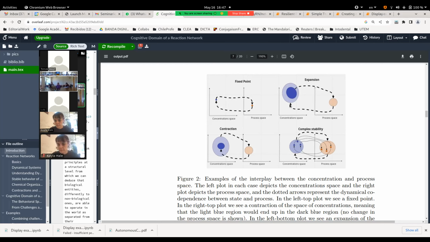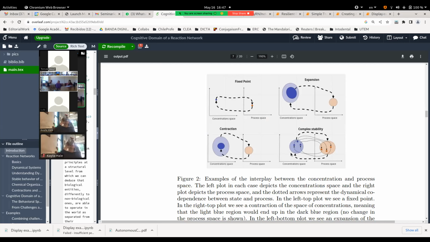So we will have expansive dynamics in the phase space. But we can also have contractive dynamics. That means that when we start from a very large region of the phase space, our kinetics will lead us back to a smaller region of the phase space. And we can have some sort of complex stability, like a limit cycle or a periodic orbit and so on, where points map to different places, but the regions remain fixed somehow.